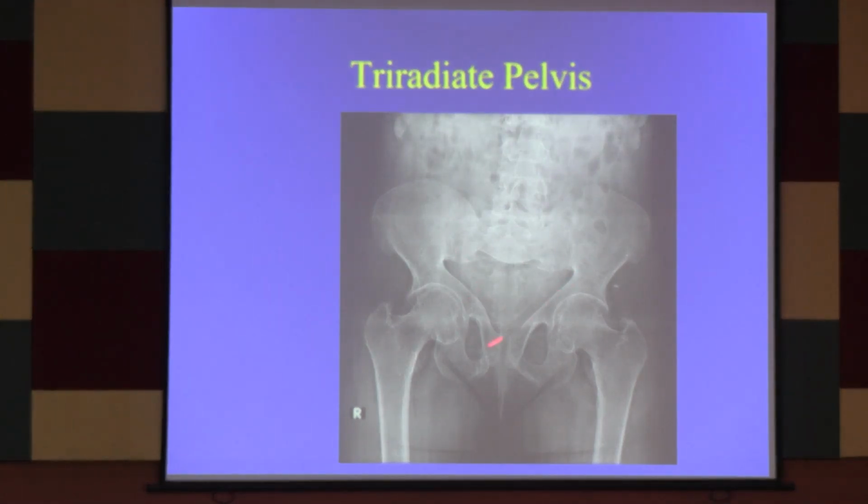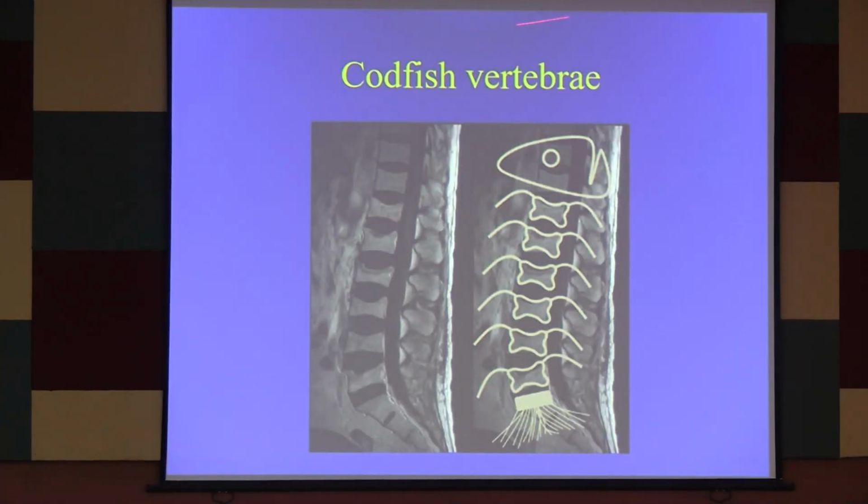And triradiate means the inlet is deformed. It is like a three-pronged appearance of the inlet. So it is called triradiate pelvis. So these are important X-ray findings of osteomalacia. You get codfish vertebra, a biconcave appearance of the vertebra, because of the same thing, the low bone quality.